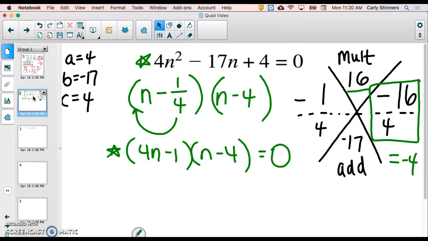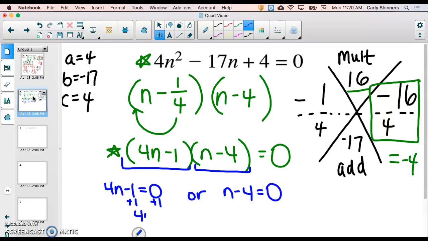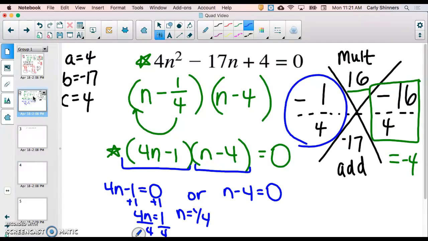And now I can use the zero product property, right? I know if the product is 0, one of these has to be equal to 0. So I get this is 0 or this is 0. So I get n is 1/4, and again, I see it's just the opposite of that.